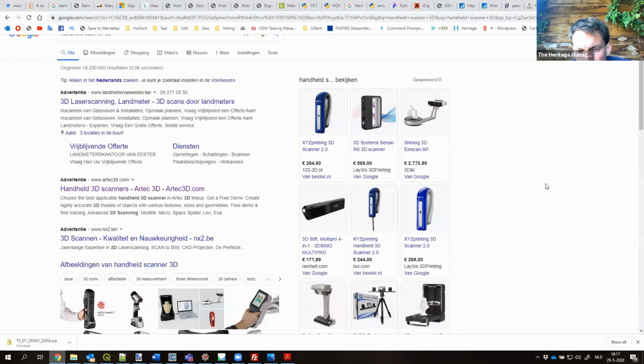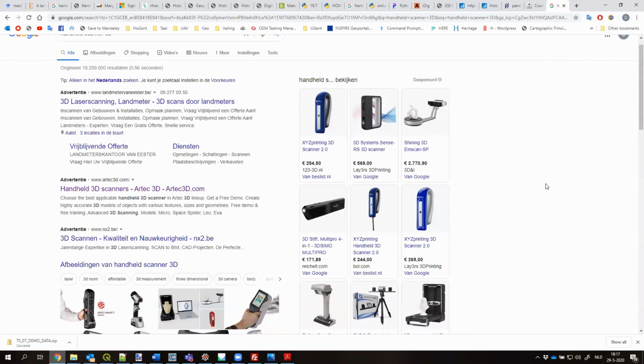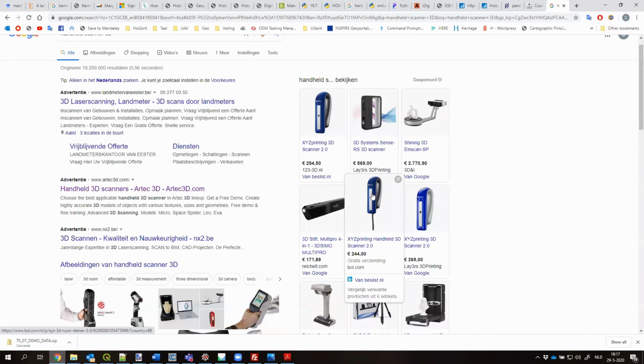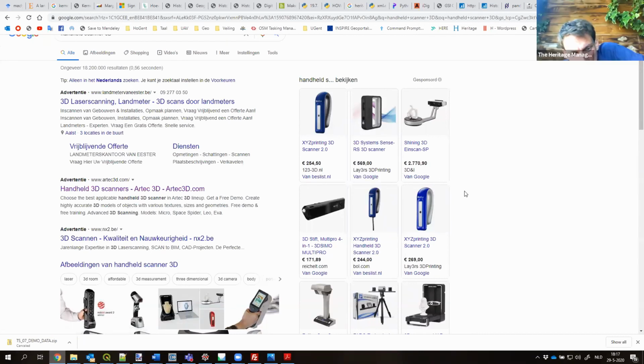Hmm? So I think this one is okay. For what kind of applications would you like to use it? For buildings, external and internal. I would definitely not recommend this for building modeling. Definitely not. You will be disappointed.